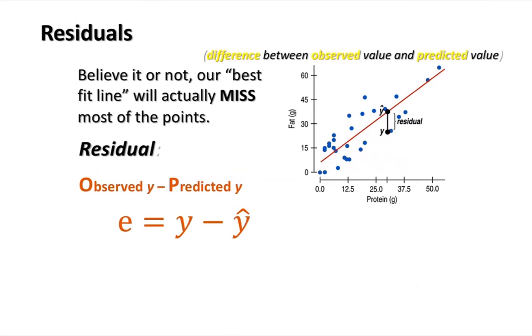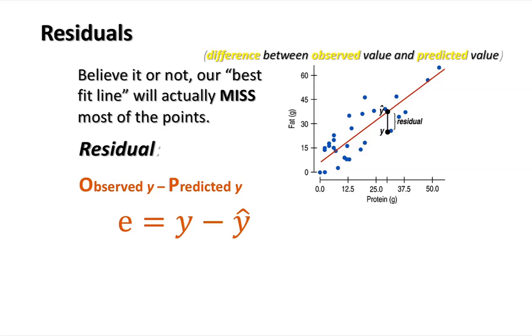It's called a residual. It's the difference between what we predicted and what actually happened, right? If we predicted correctly, all the dots would line up right on the line perfectly, beautifully, that would be it. But that's not real life. So the difference between what actually happened to what we predicted is called a residual, okay? So if we want to find the residual, we have to find the observed, what actually happened.